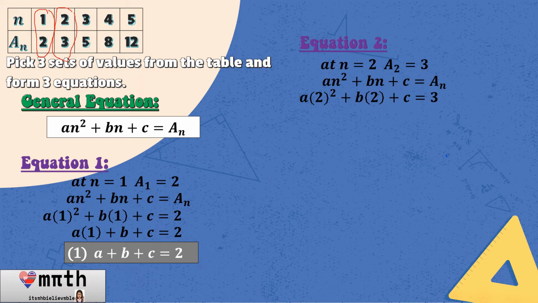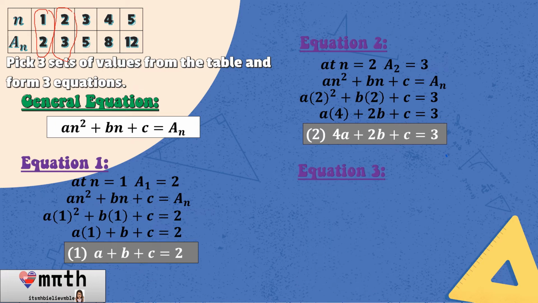Simplifying 2 raised to 2, that will be 4. And b times 2 will be 2b. Multiplying a times 4, that will be 4a plus 2b plus c is equal to 3. So that will be the equation number 2.